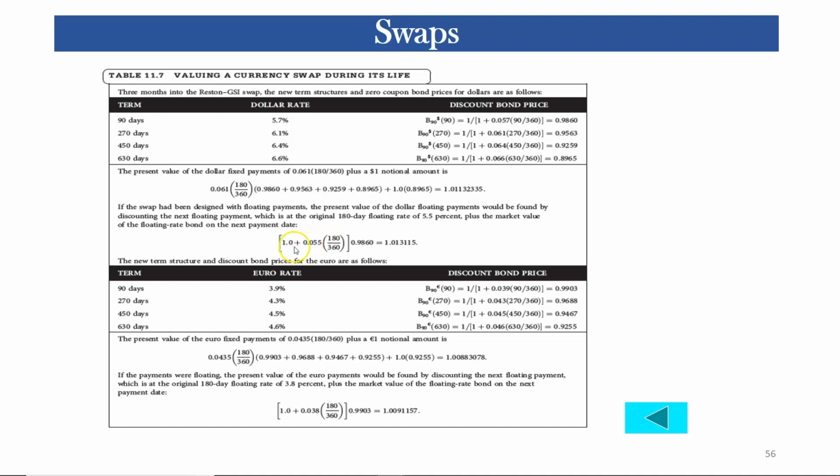We know that on every reset date, the par value of the floating rate bond will be equal to the market value of the bond. From table 11.6, we know that the spot LIBOR for the first payment in 180 days was 5.5%. So the first payment on the floating rate bond will be based on this rate, which will be made 90 days from now.